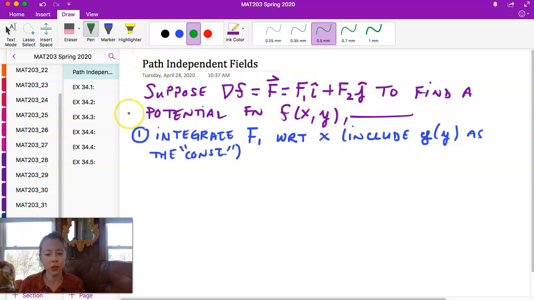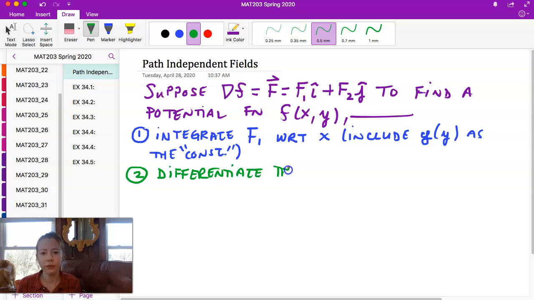So for step 2, we're going to differentiate the result with respect to y.